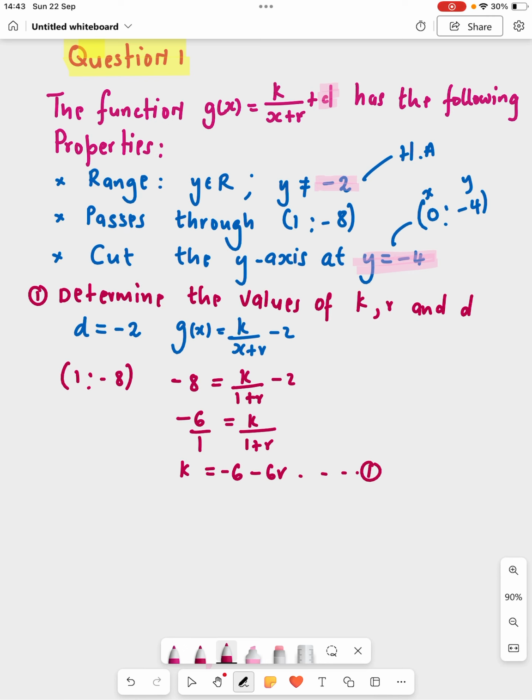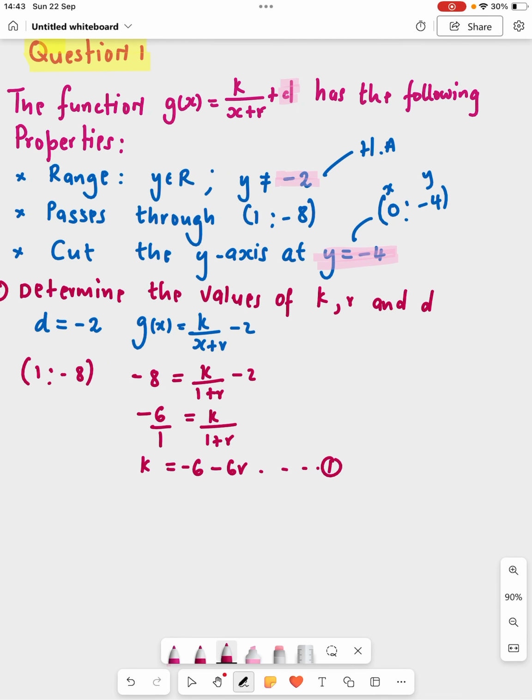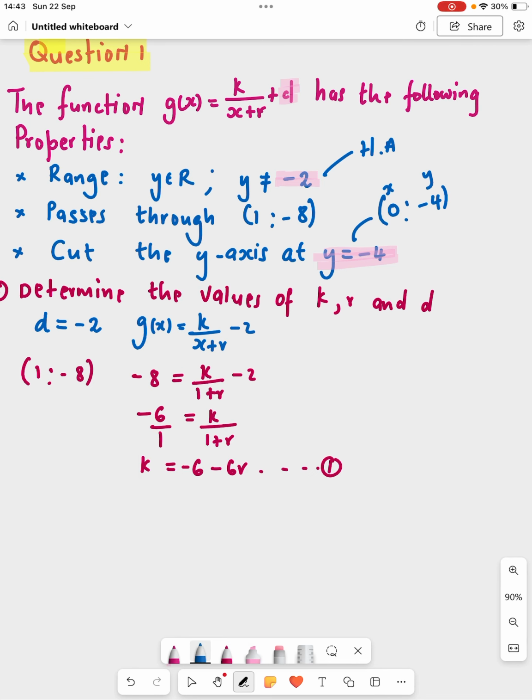So we can also create equation number 2 using our y-intercept. So equation number 2, we can use the point 0 and -4. So if we use 0 and -4, we are going to have -4 is equal to k over our x is 0 plus r and then -2.